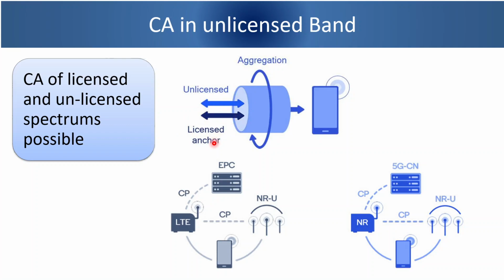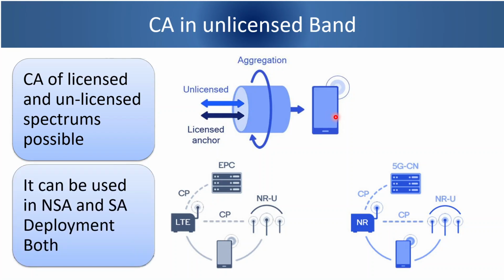So it will be possible to deploy 5G in unlicensed band, and carrier aggregation between licensed band and unlicensed band will be possible. This is possible in both NSA non-standalone deployment and SA deployment.